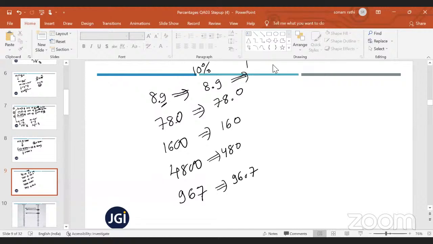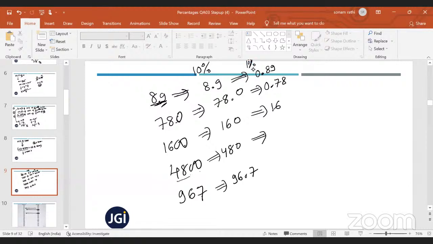Okay, if I ask you what is 1% of any number? For 1%, take two digits now. So it will become 0.89. This will become 0.78. Two digits from the end, so 16.